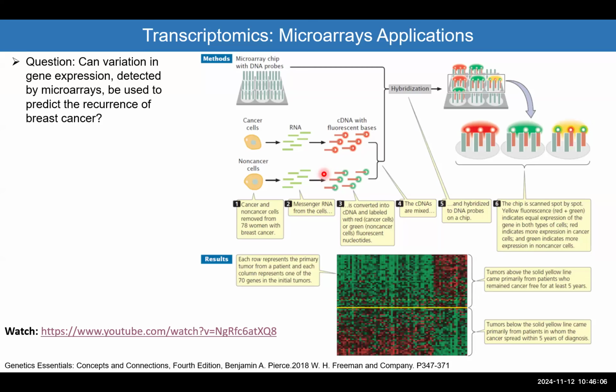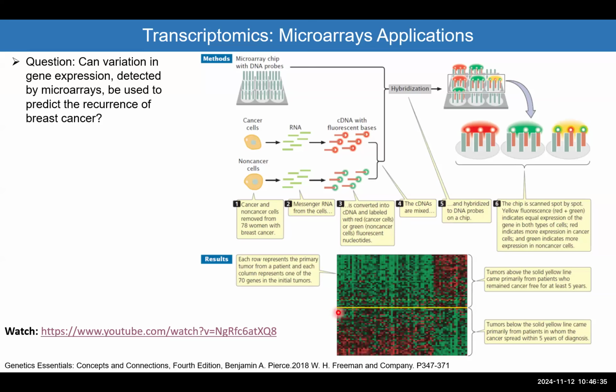And the question that they were asking here, we have around 70 genes that we are studying. Each column, sorry, is one gene. And each row is like a patient. And the question was, which of those genes are upregulated in the condition where the cancer comes back or recurs?